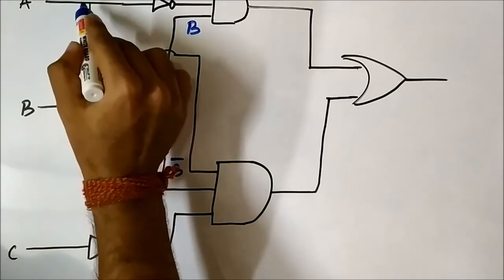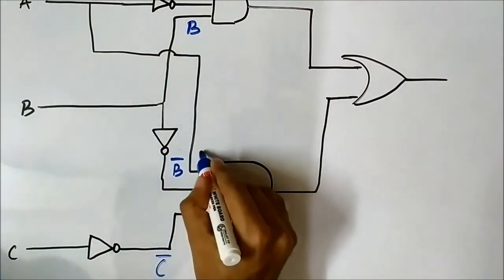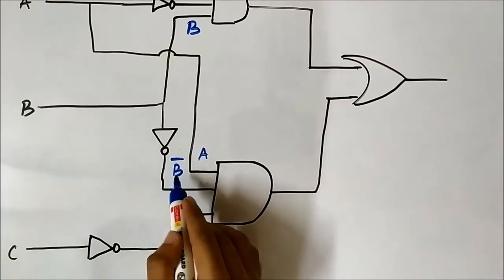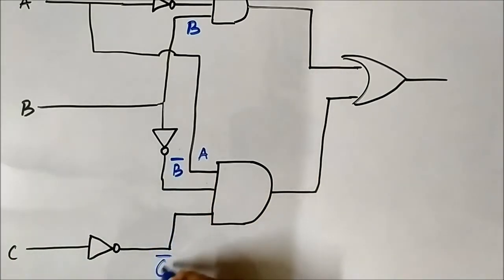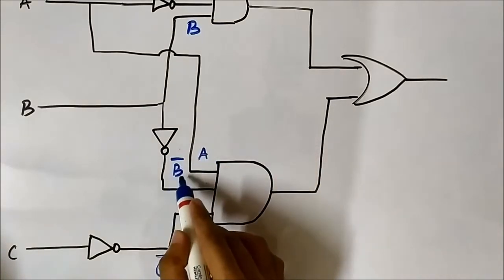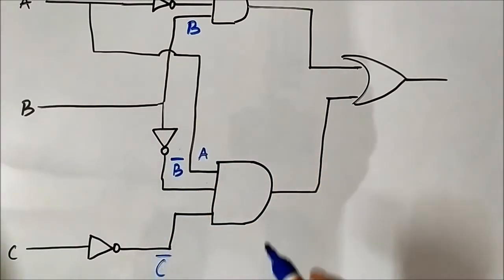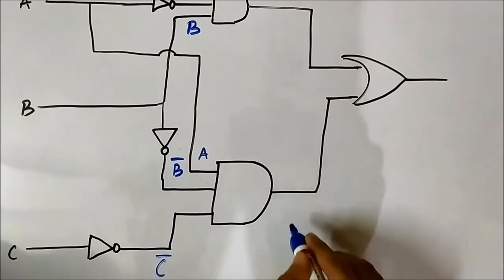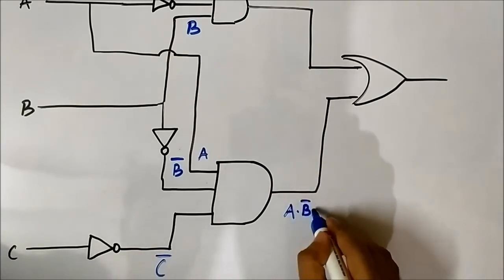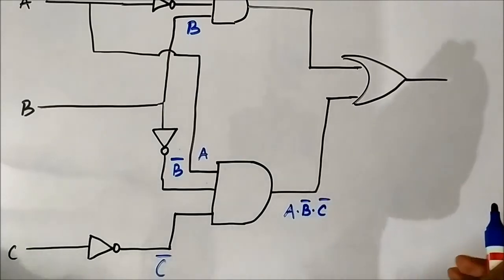The first input is A, the second input is B complement, and the third input is C complement. So the output would be A, B complement, C complement.